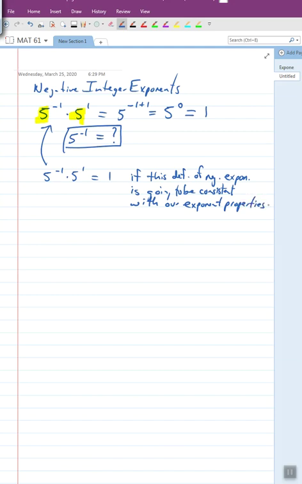And we are trying to build a set of rules here that works for all exponents, not just positive ones, but negative ones too.